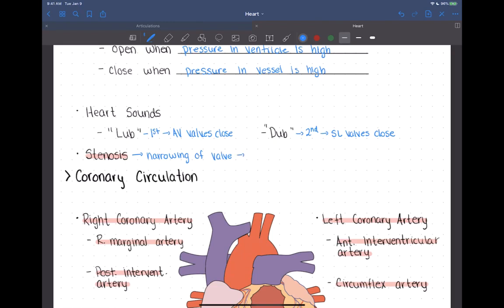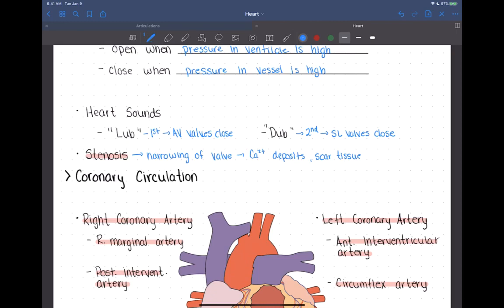All right, so this could be from calcium deposits, all right, or scar tissue, for example, following endocarditis we talked about. That could lead to a stenosis or a narrowing of that valve.